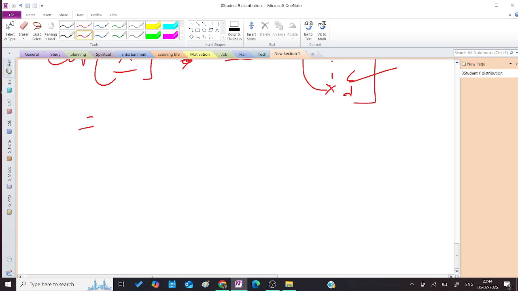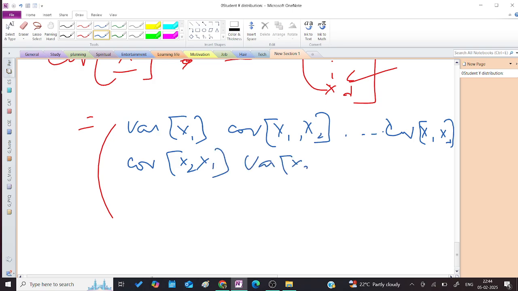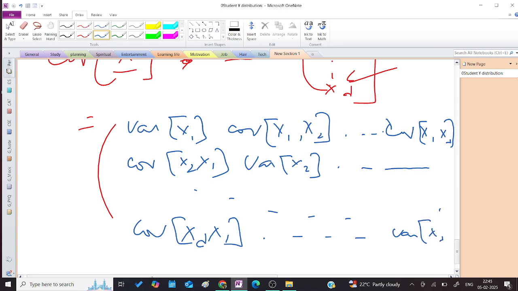So this gives variance of x1, covariance of x1, x2, up to covariance of x1, xd, then covariance of x2, x1, variance of x2, and the last row will be xd, x1, up to variance of xd.